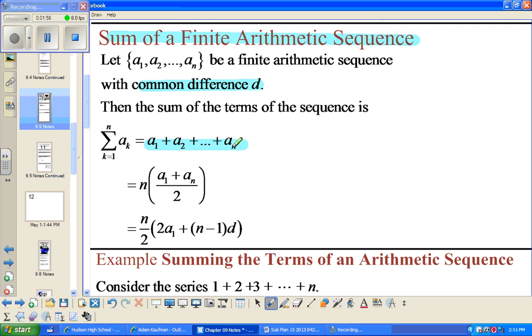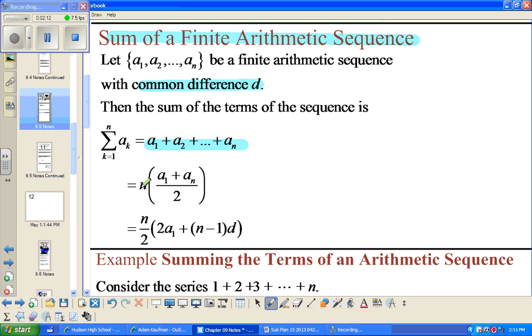If there wasn't an n term, it'd be an infinite sequence. Remember, an arithmetic sequence has a common difference between each consecutive term.